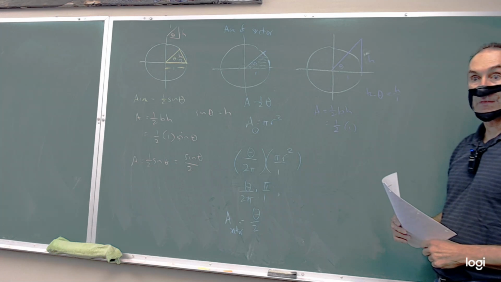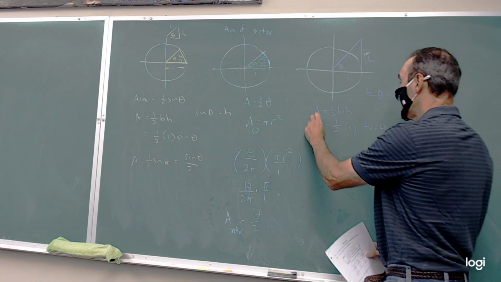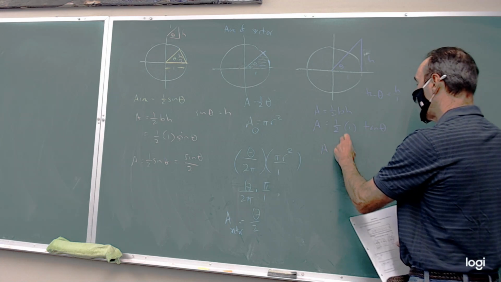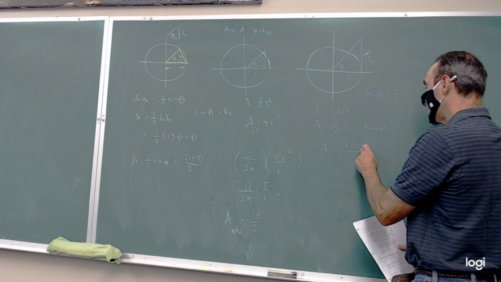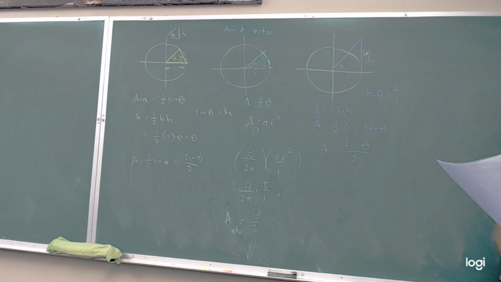So the height is going to be tangent theta. That's going to be the area of that purple triangle, tangent theta over 2, and that's what we were trying to get for that area.